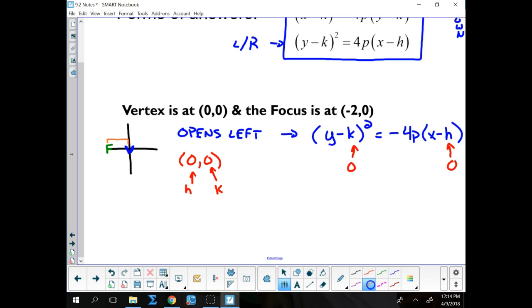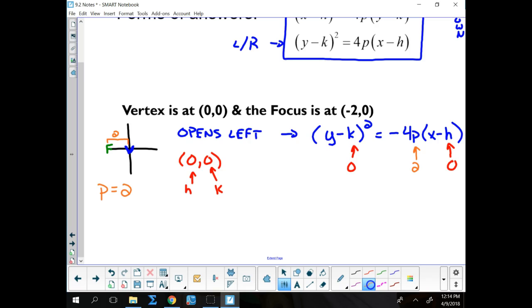And that distance is 2. So P has to be 2. Do I need anything else?